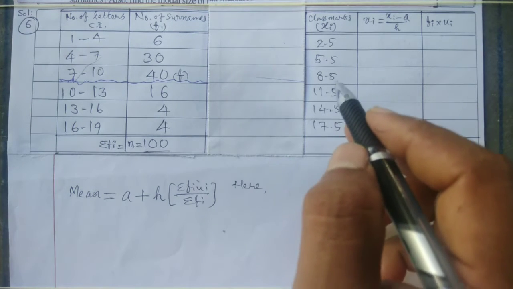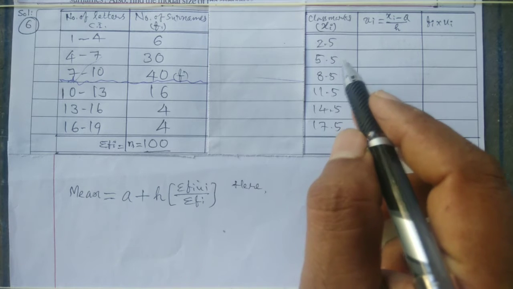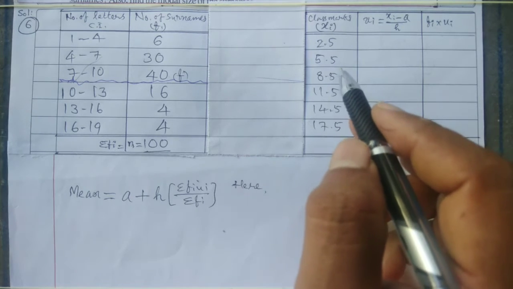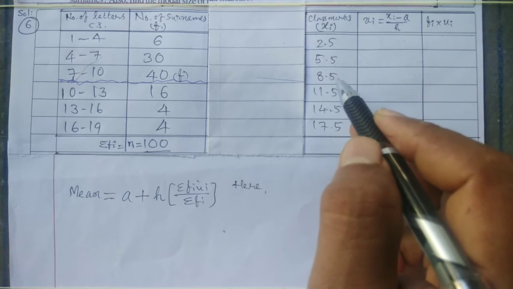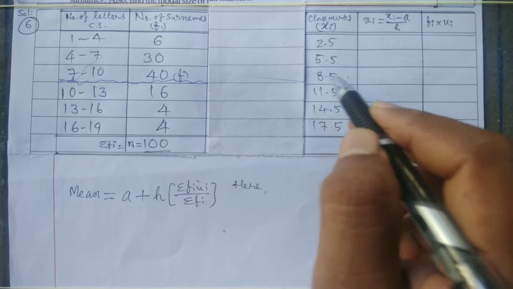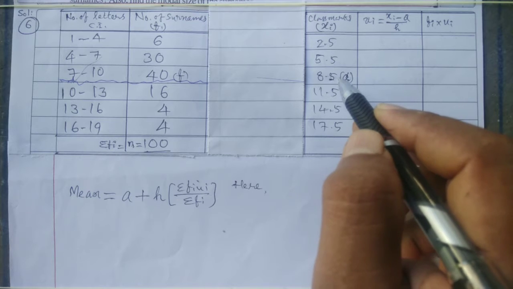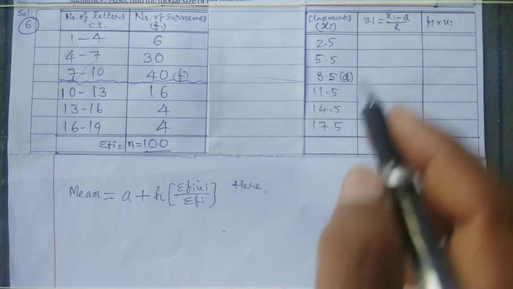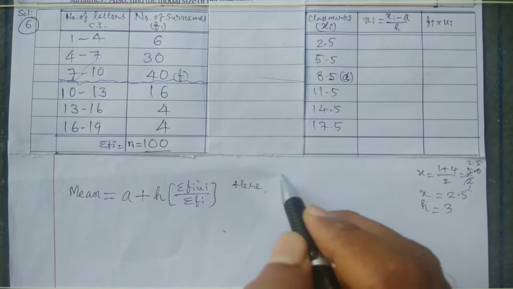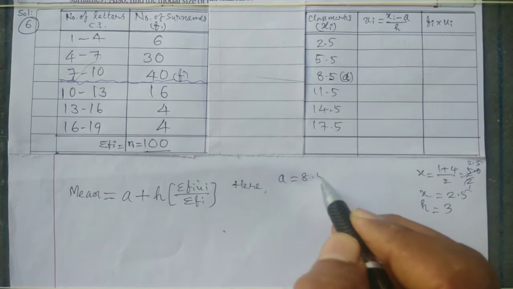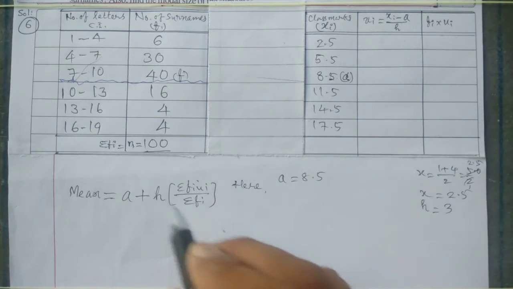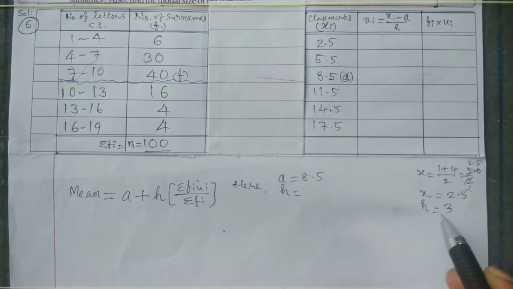Next, in this class mark, we have to choose any one value as the assumed value. Generally, we take the middle value as the assumed value. So this is A. Here we write A is equal to 8.5, and H is equal to 3.